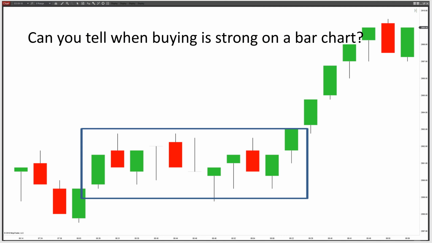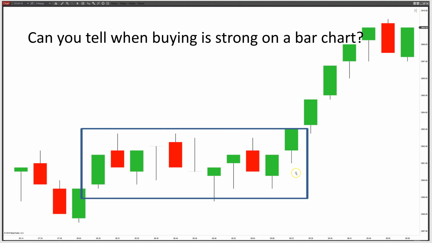So if you're looking at a normal bar chart, how can you tell when buying is stronger? You can't, right? Some people will say, well, I look at candlesticks and I can see the wick here and the wick up here, so prices are being rejected there. Well, that's all well and good, but oftentimes markets trade in ranges. So you're telling me prices up here are being rejected, prices down here are being rejected, so we'll just go sideways forever?